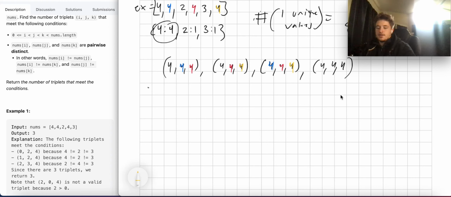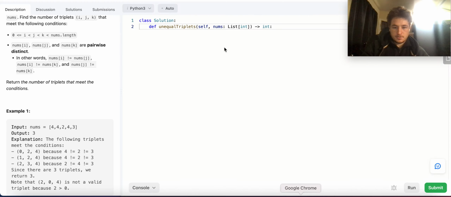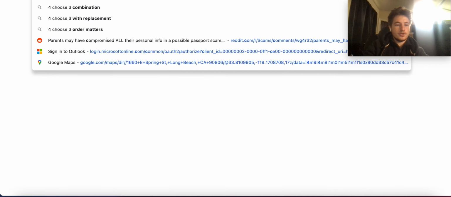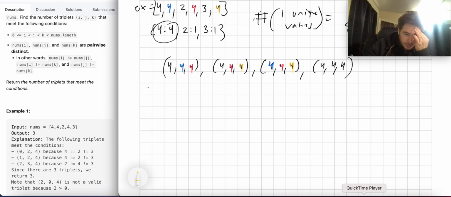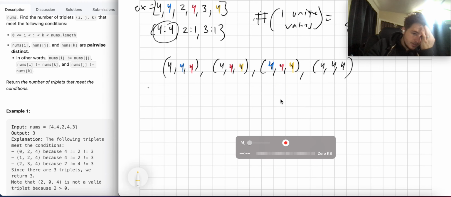Which one am I forgetting here? Because 4 choose 3 should be 4. Or did I mess something else up? What is 4 choose 3? It's 4. Okay, so what am I... Which one am I forgetting?